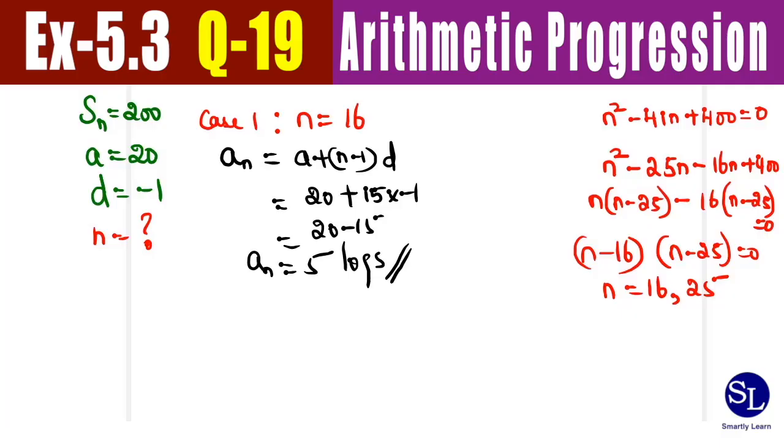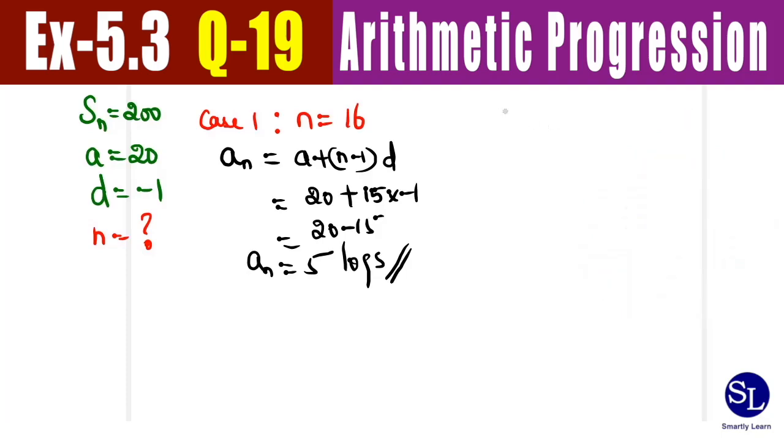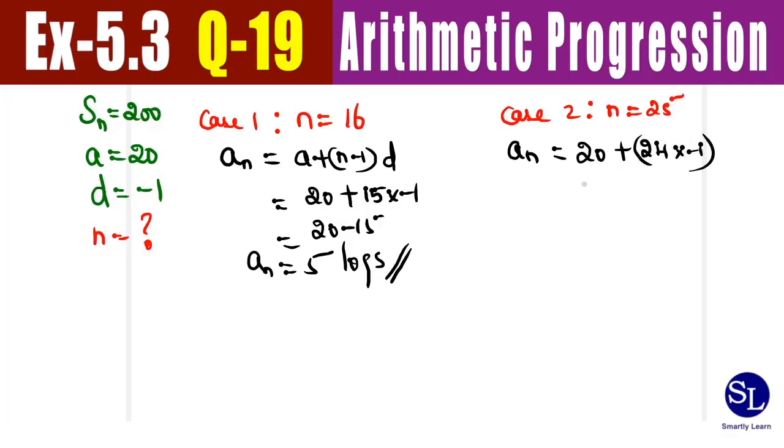Now let's do the same process for case 2. So in case 2, we are going to take n is equal to 25. Let's substitute in the an formula. So an is equal to 20 plus 24 into minus 1, right? Because n is equal to 25. So 20 minus 24 is equal to minus 4.